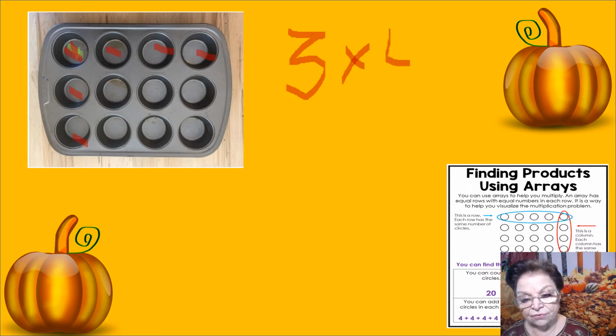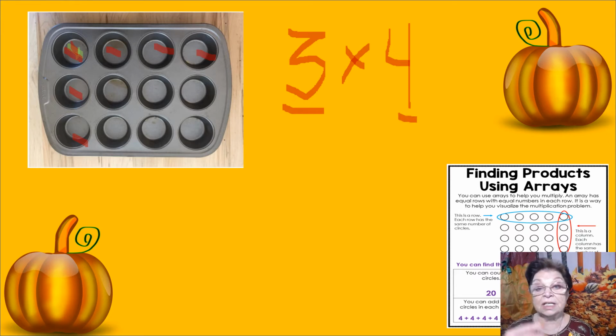So that's your first step: organize the items in columns and rows, equal rows, and then write down how many rows and how many columns.